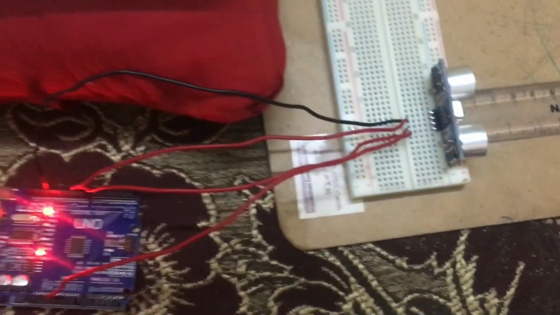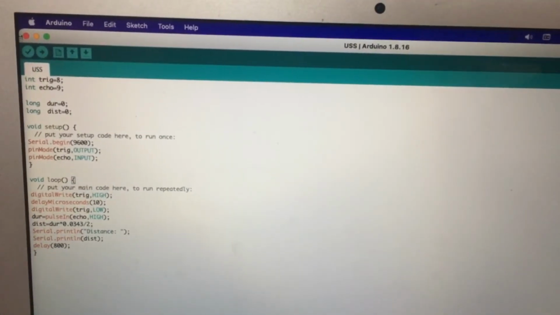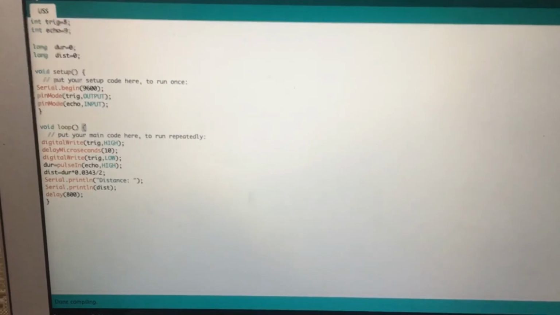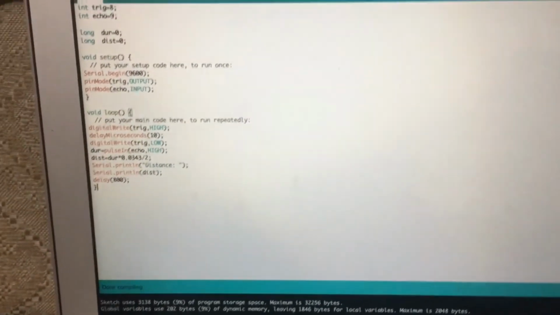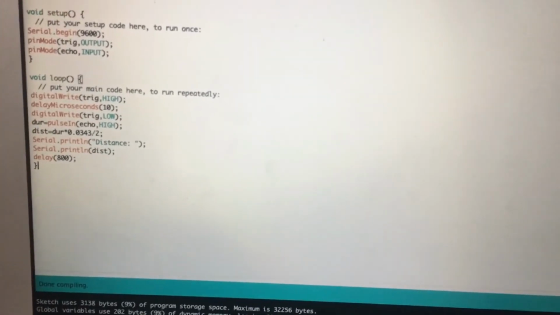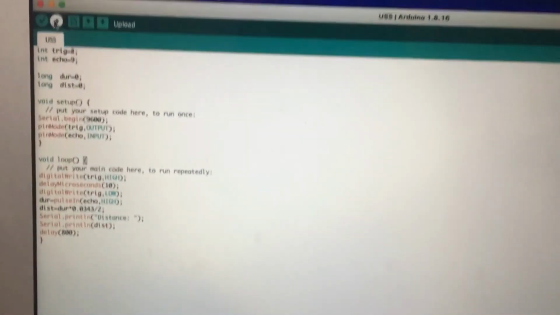So first let me run the program. Done compiling, it is showing. After that we need to upload the code.